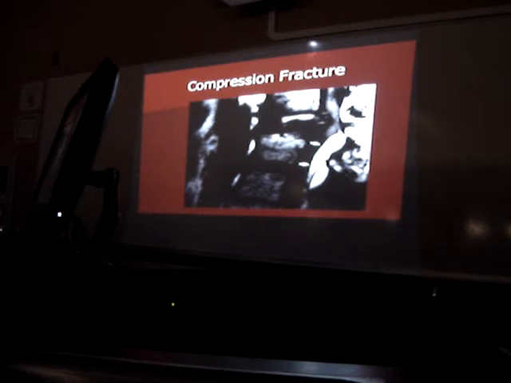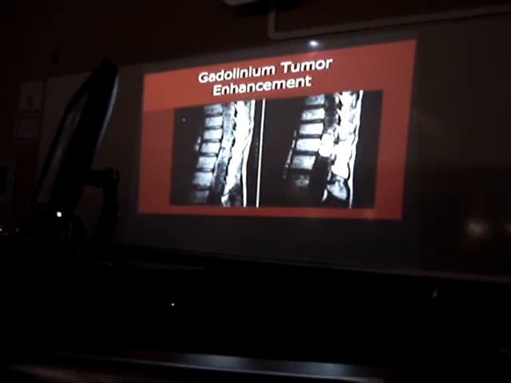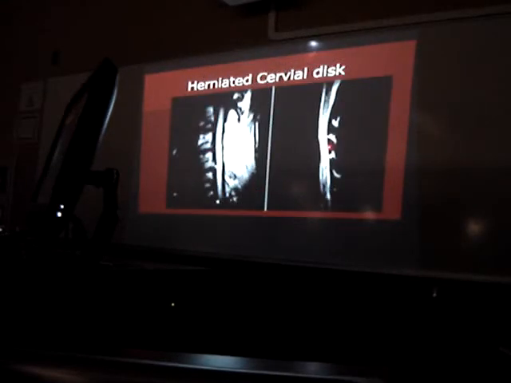Okay, compression fracture, very nasty, and that's actually the cord. A tumor in the spinal cord, that's pretty awful. Herniated cervical disc, you can see the disc material impinging on the cord.